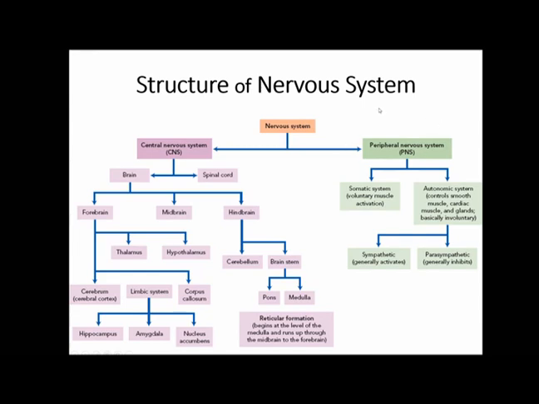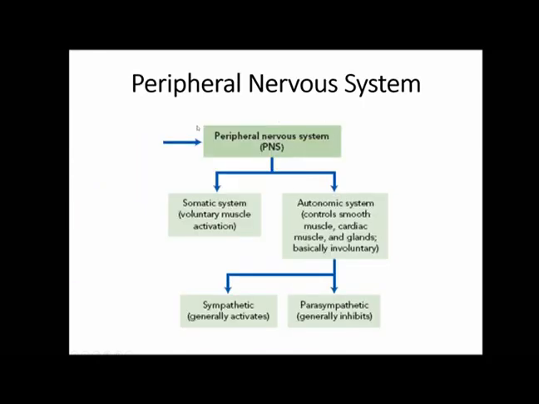And it's easier for us to start with our peripheral nervous system, the PNS. So we're only going to look at this green side for now, and we'll start looking at our central nervous system, the CNS, a little bit later on. So if we only focus in on our peripheral nervous system, we can see that it's made up of 2 major categories.